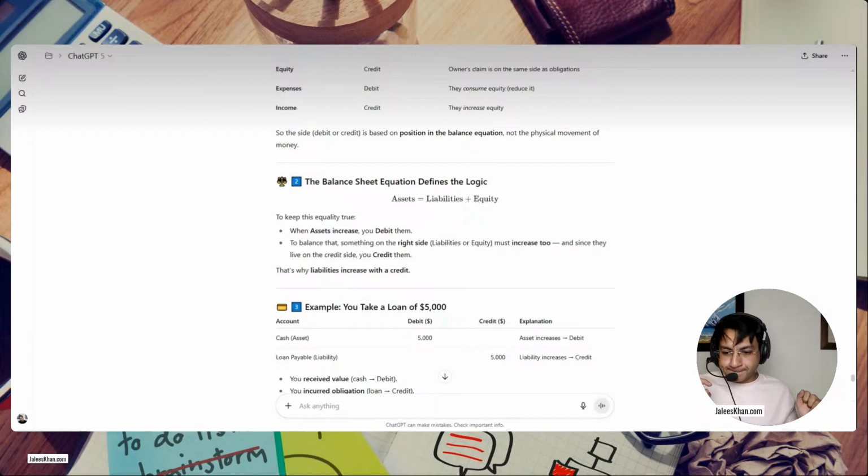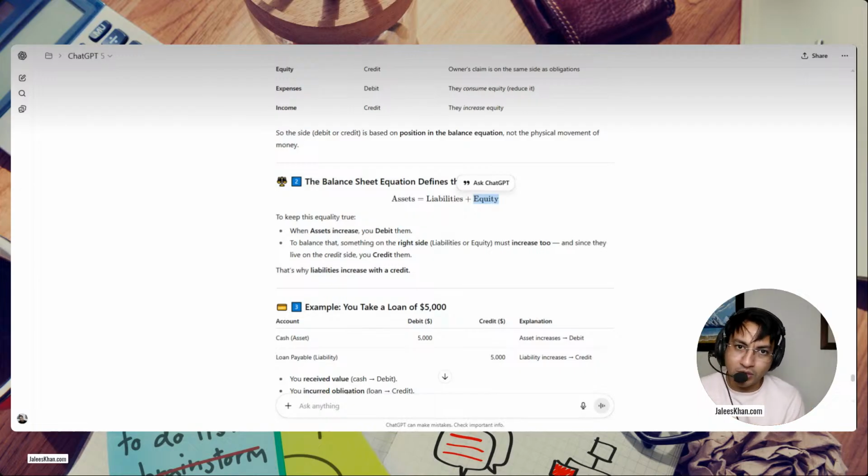So as an investor or equity holder, this side is going to increase, and also the asset increases, as per the equation.